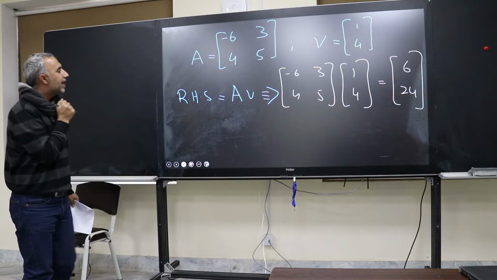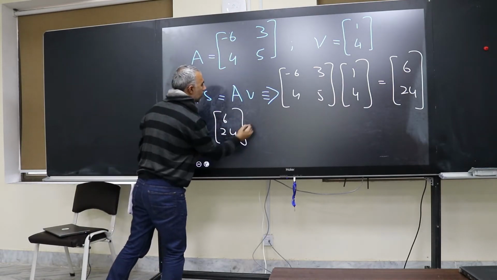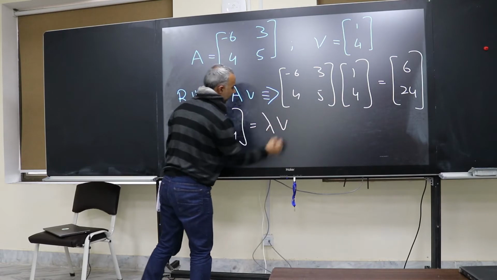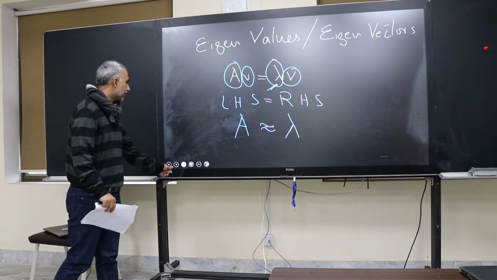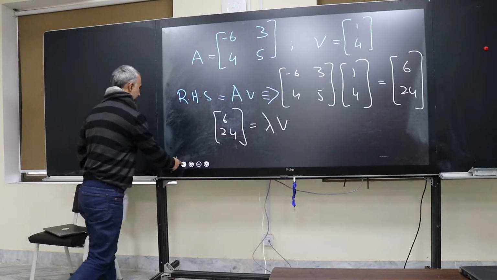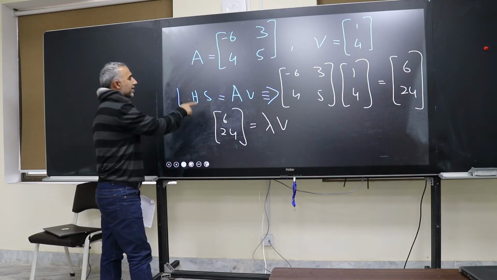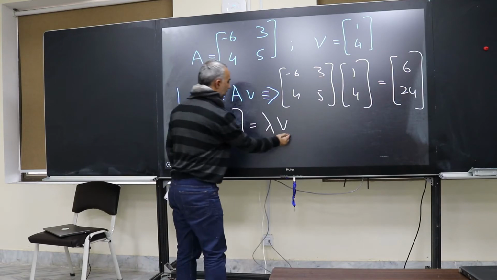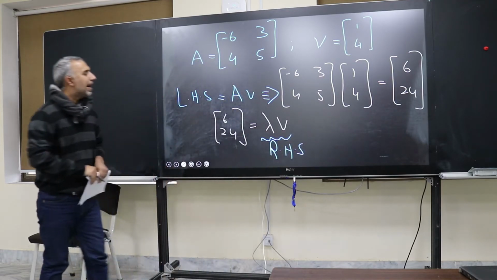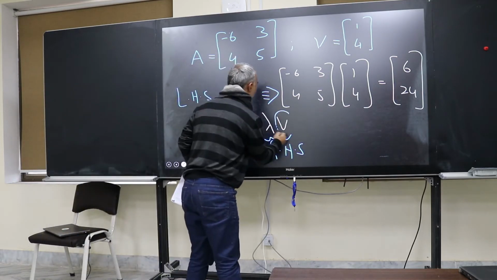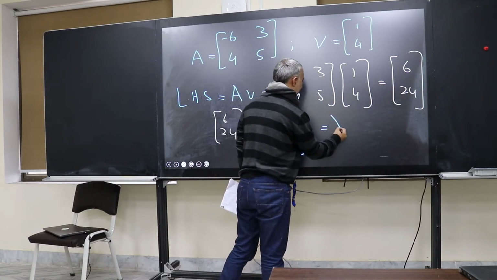This right hand side expression, [6, 24], is equivalent to the left hand side expression. But on this side, we know the value of V, so we can write lambda.